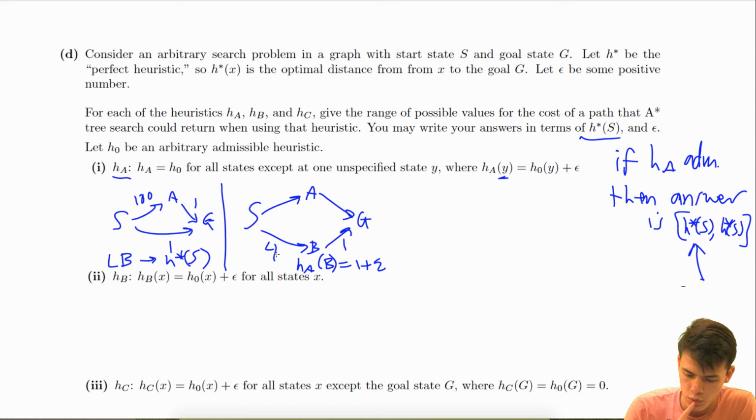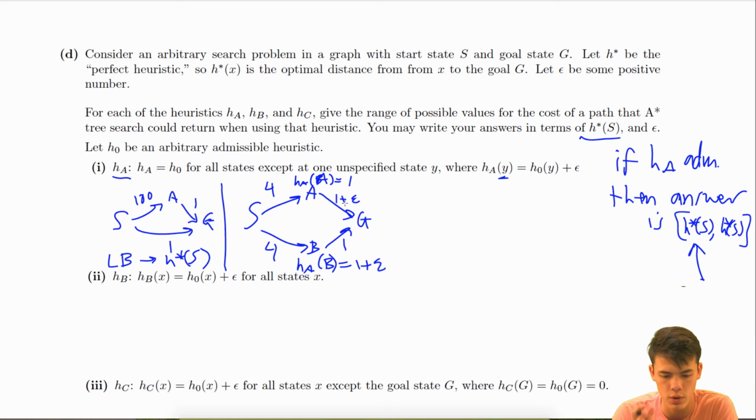So then at this point, let's do S to A. Let's say this is also 4. And maybe we're going to say H of A equals 1 or something. And let's say the length from A to G is going to be 1 plus epsilon.